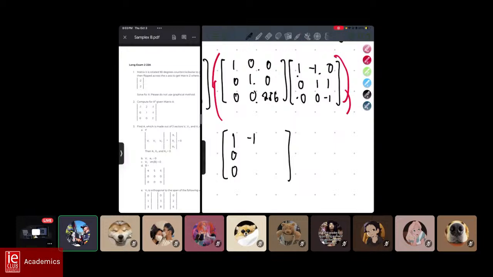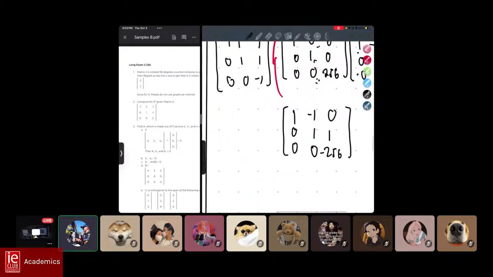Yeah, negative 1. And then second column times second row is 1. Second column times third row is 0. Third column times first row is 0. Third column times second row is 1. Third column times third row is negative 256. So, vibes.